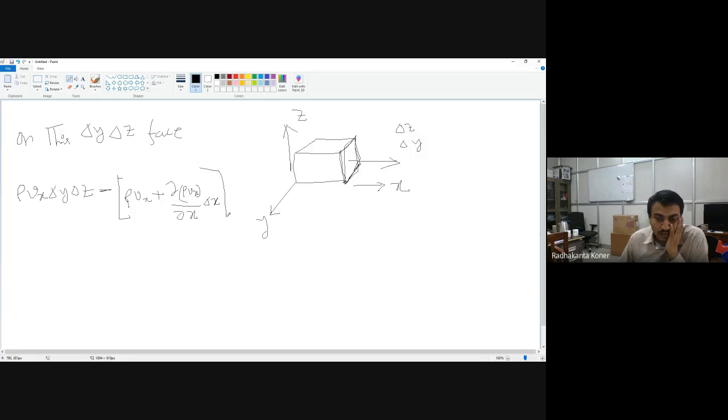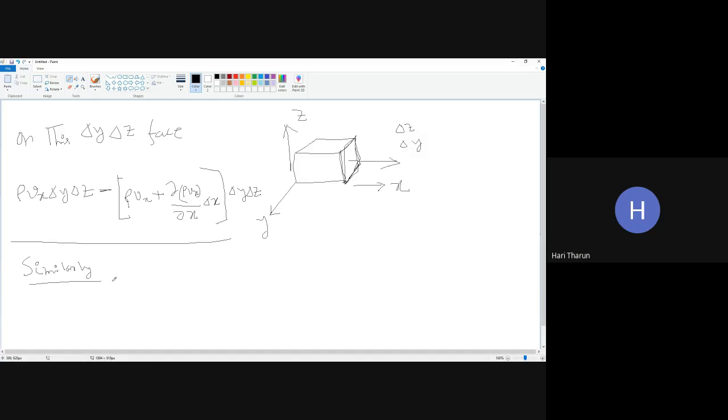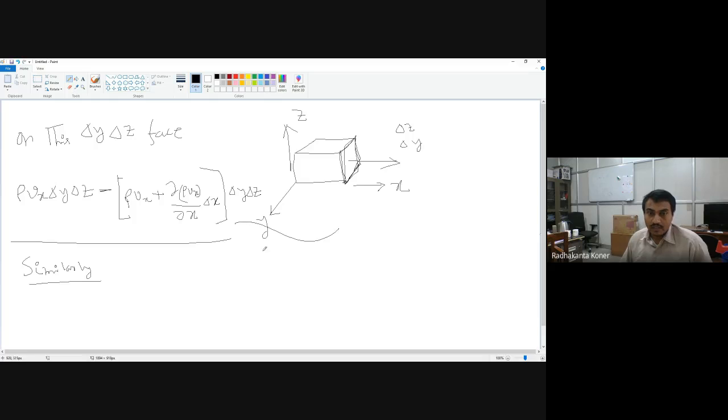This was the original expression into del y del z. Is it understood? Because we are only multiplying the earlier volume expression with the area of this surface. Is it understood, Tarun? Yes, sir.